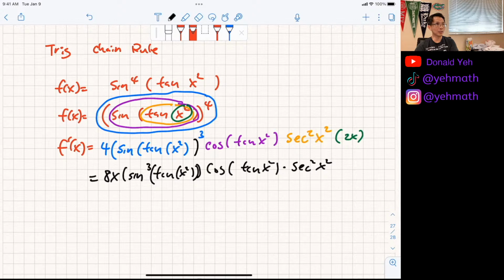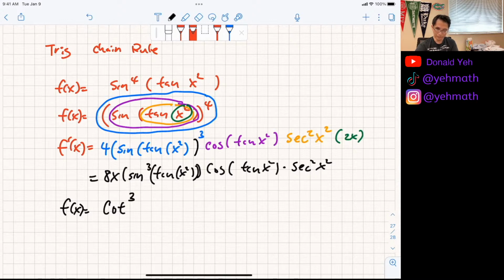So far, any questions? You want to give it a shot? Okay. If I have f of x equal to, let's do a cotangent to the fourth. I don't know why I keep choosing 4 today.